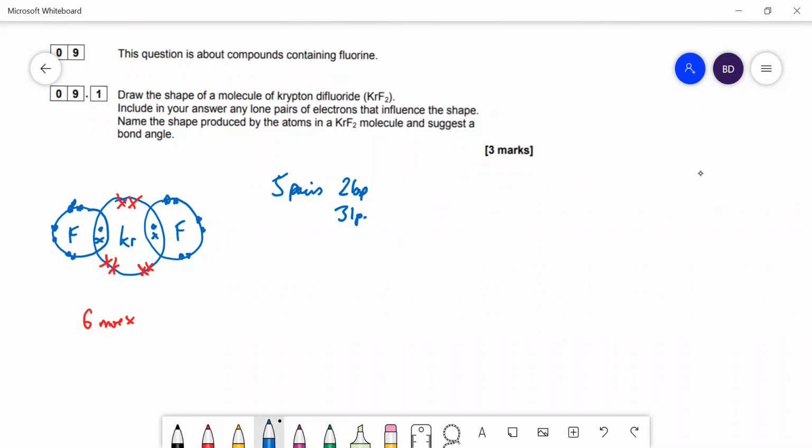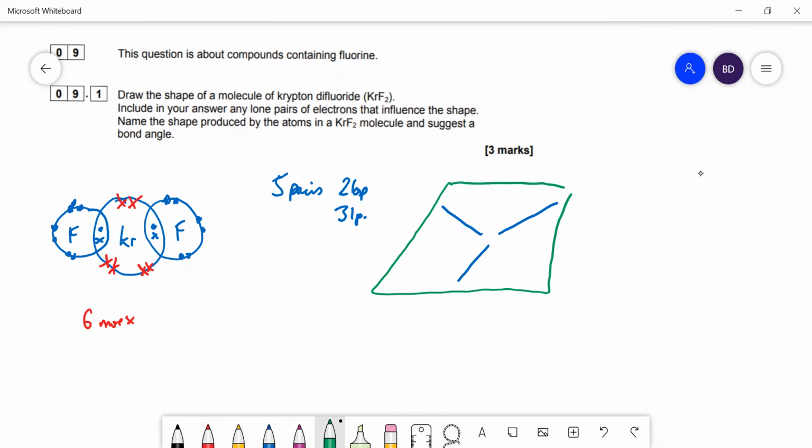Now remember, when you have 5 pairs, you always have this sort of shape, trigonal bipyramidal. You have 3 pairs in the same plane, like a trigonal plane, and then you have 1 pair sticking up and 1 pair sticking down. So you've got 3 lone pairs in the plane, and you've got the bonding pairs going to fluorine sticking up and sticking down.